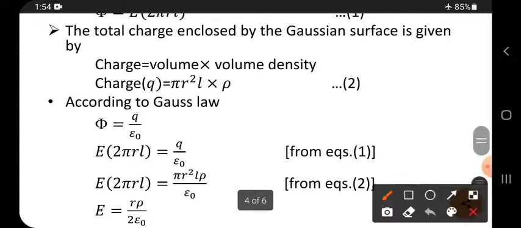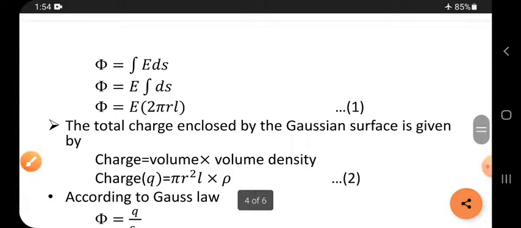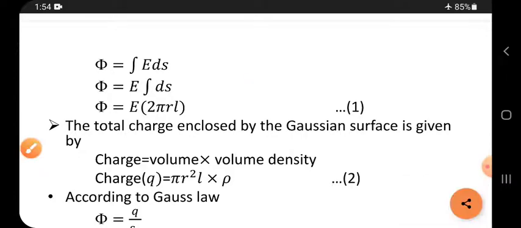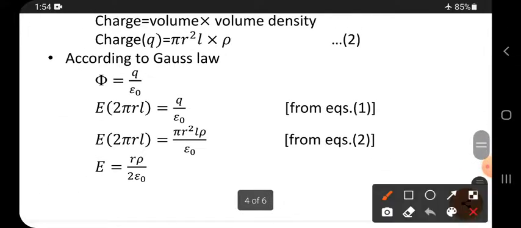Now according to Gauss law, phi E equals q by epsilon naught. We already have the q value, so substitute it here. From equation 1, the phi value is E into 2 pi r L, so substitute that too.